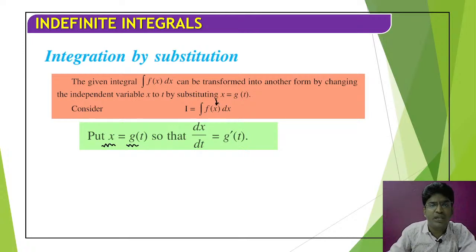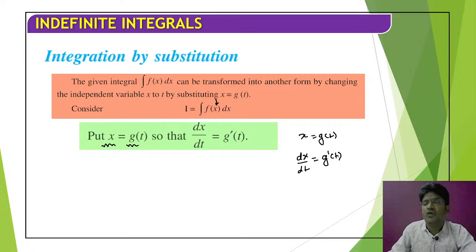So if I differentiate x equal to g of t with respect to t, what will happen? dx by dt will be equal to g dash of t. Here the variable is t, so I have to differentiate x equal to g of t with respect to t.